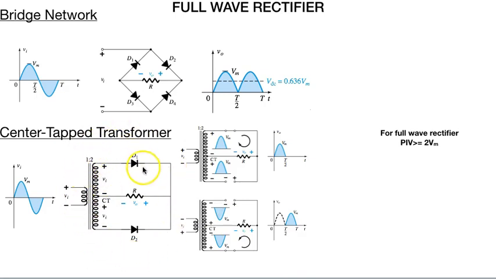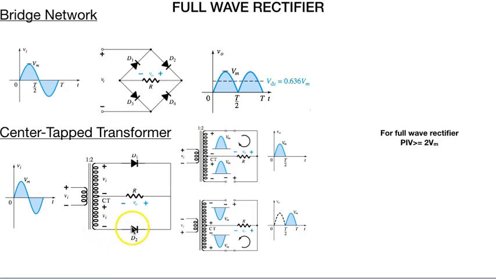For a center tap transformer having this form with D1 and D2, you can see that if the polarity is positive from plus to minus, then in the positive half of the transformer it passes through D1 and you get the voltage V0. However, in the reverse case, the polarity flips, so at the lower end the minus becomes plus.